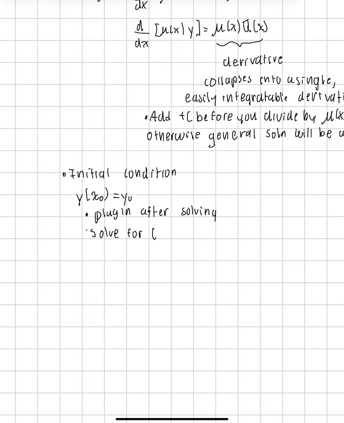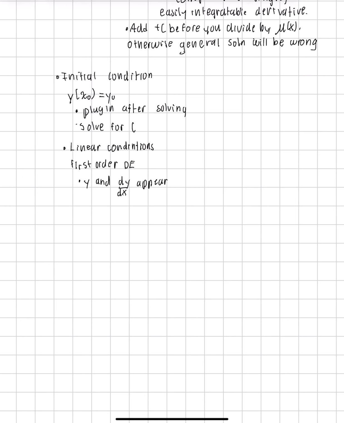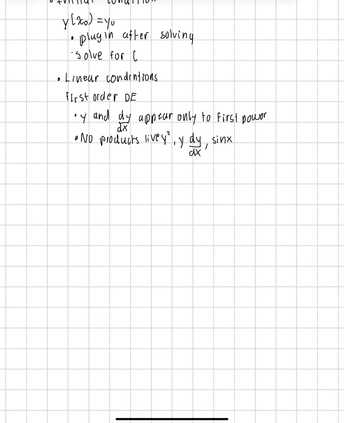Now, let's explain some of the concepts. What exactly does linear mean? For a differential equation to be first order and linear, y and dy/dx appear only to the first power, so they're only raised to the power of 1, and also there are no products like y squared, y to the dy/dx, and also sine of y.